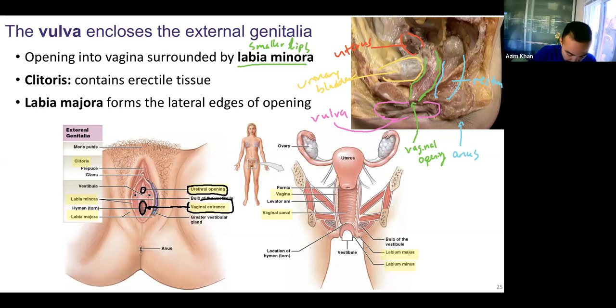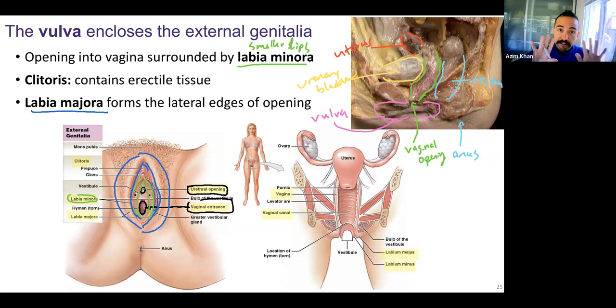Labia minora directly cover the vaginal entrance, while the bigger lips, labia majora, surround more and cover the whole thing. What's pictured here is the labia spread so that we can see the entrance and the urethra.